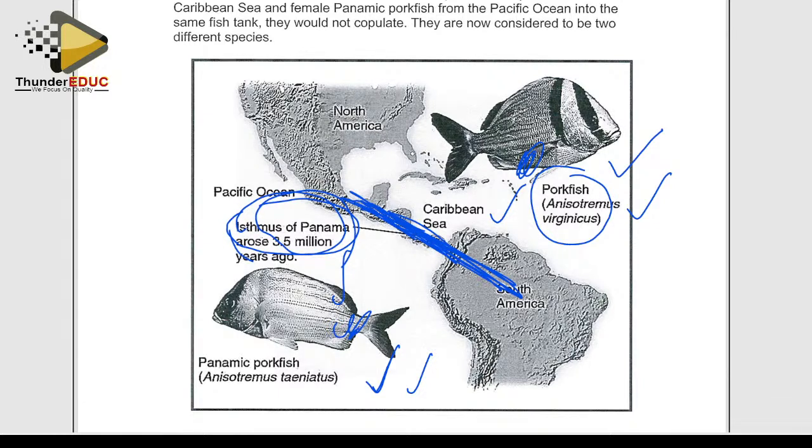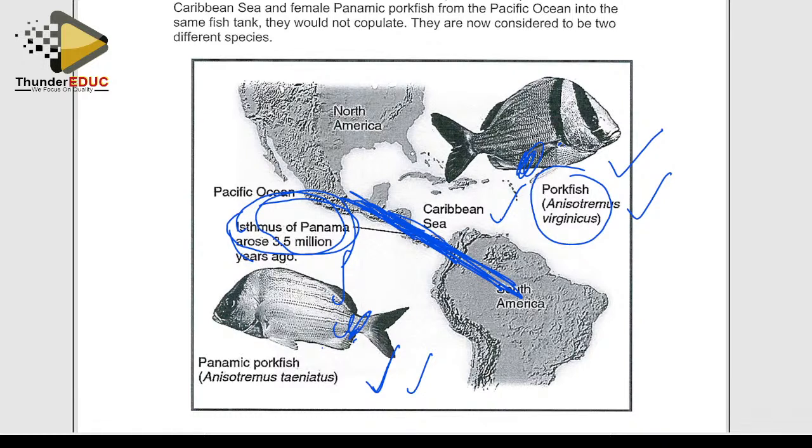You have to mention it. It formed two different groups of porkfish, and there was no gene flow between them because of this barrier. Natural selection occurred independently because of the different environments. One is cooler, one is warmer.